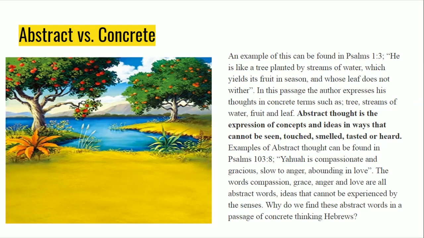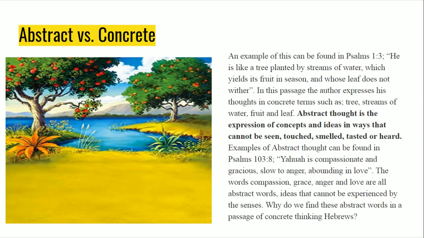Ancient Hebrew thought views the world through the senses, concrete thought. Concrete thought is the expression of concepts and ideas in ways that can be seen, touched, smelled, tasted, and heard. All five of the senses are used when speaking, hearing, writing, and reading the Hebrew language.